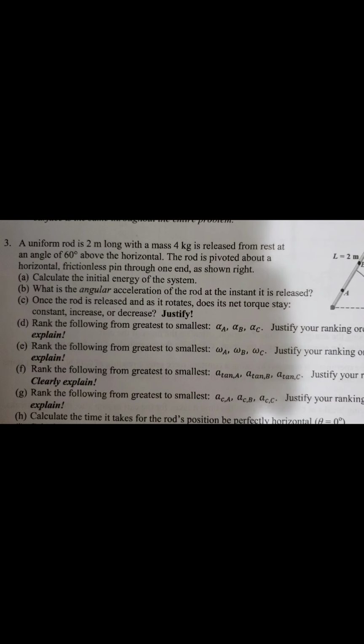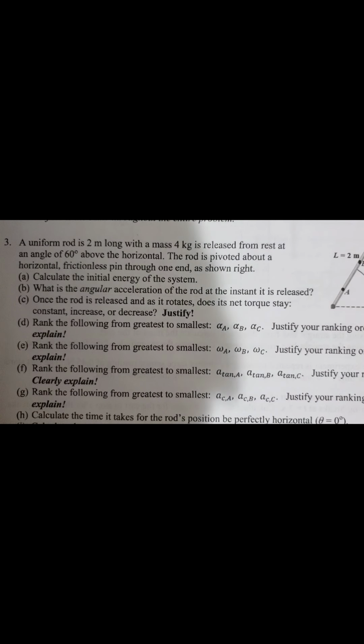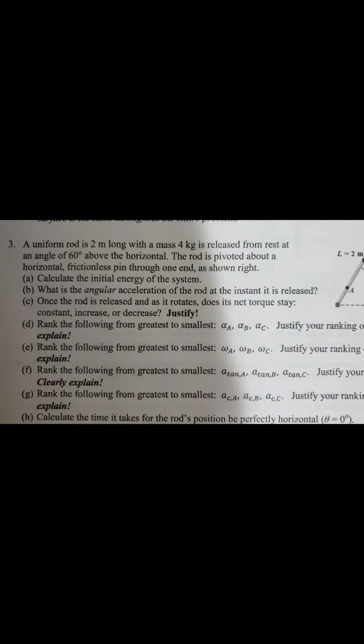Okay, now part C wants me to tell, once the rod is released and it rotates, does the net torque stay the same, increase or decrease, and justify why. So net torque. First of all, I'm going to start from the beginning.